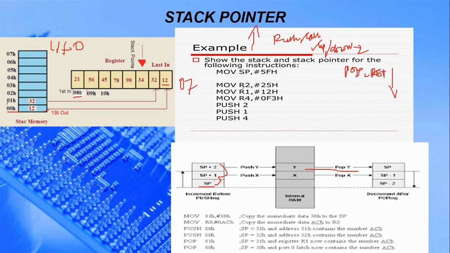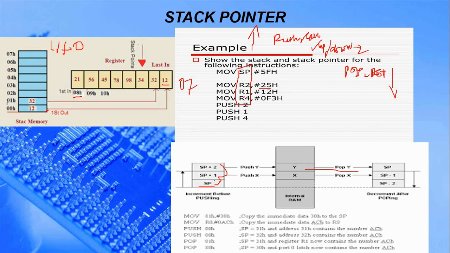See here, they have given MOV R2, #25H. R2 is nothing but register 2. Push 2 means the data we have here, 25H, is pushed from the R2 register.